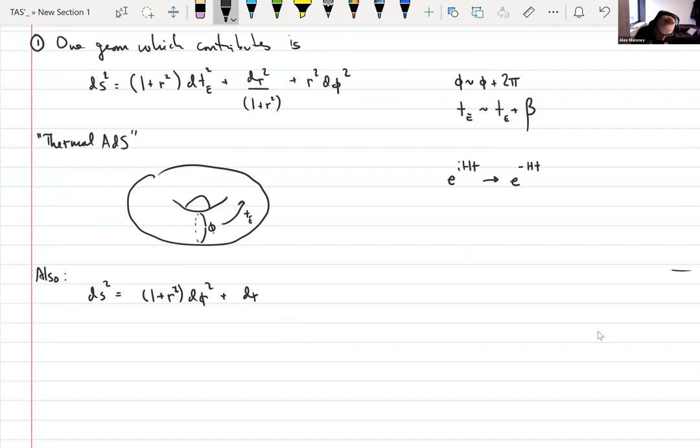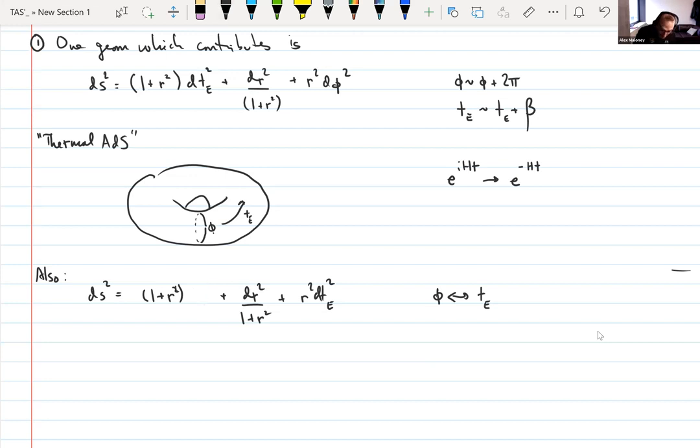So if I just do that change of coordinates, then you get a geometry that looks like this. So what have I done? I've done the diffeomorphism that interchanges phi with Euclidean time.